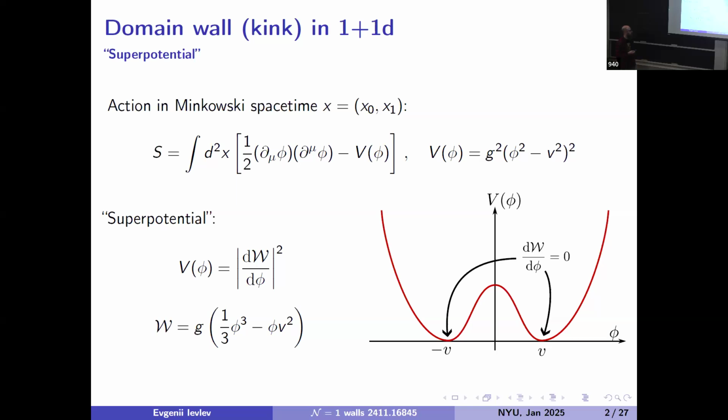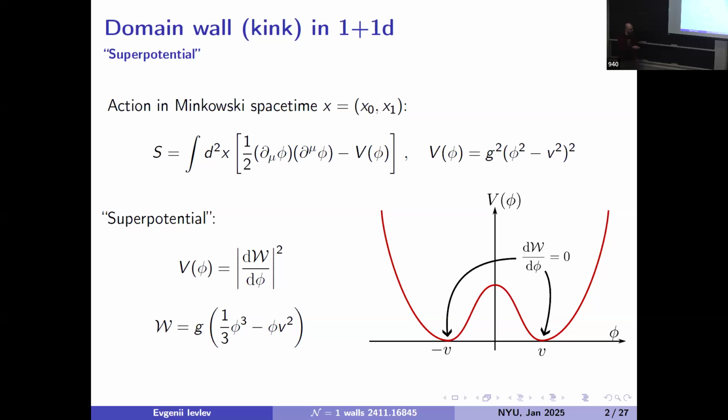I'll explain in a moment why I take this function in this form. So I take this potential V as a square of a derivative of another function W, and W is a cubic polynomial in that case.